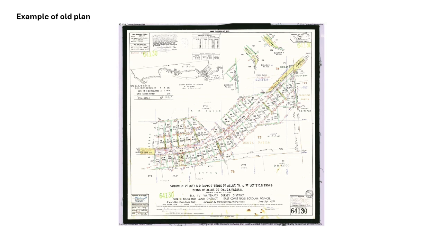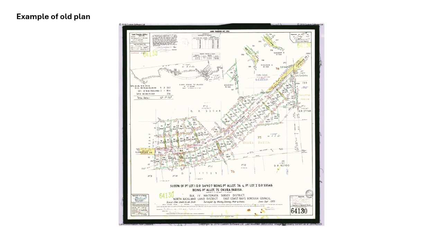So they used line weights, line types and symbols as a way to distinguish between different things on plans, and that's what we have now. We have different lines with different weights, different line types, and symbols that allow us to interpret those newer plans. But back then, everything was done by hand.